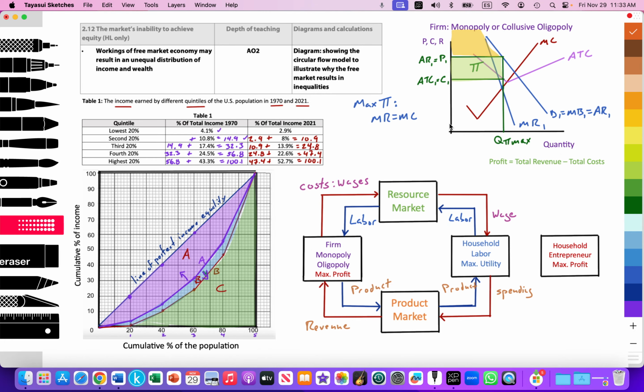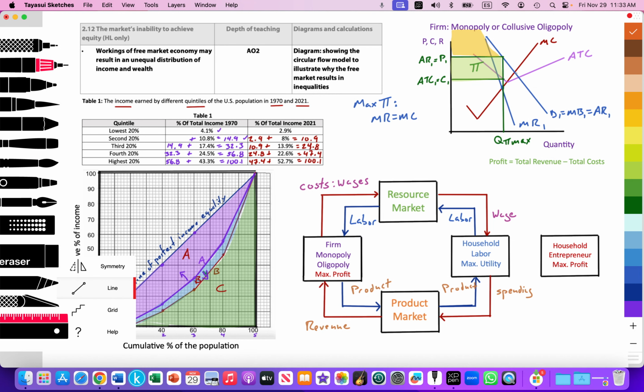If it was allocatively efficient, if the firm is seeking to produce the quantity that is desired by society, we would have more output. It would be at this point. So this is where MC, marginal costs, equals marginal benefit. We'd have more output at this point. I'm running out of space. I can say maybe this is just quantity at allocative efficiency, where MB equals MC.